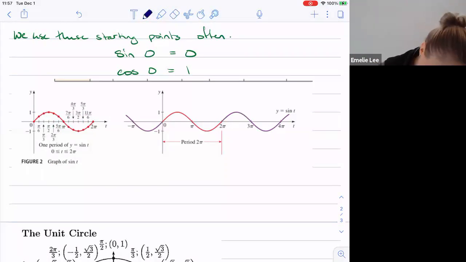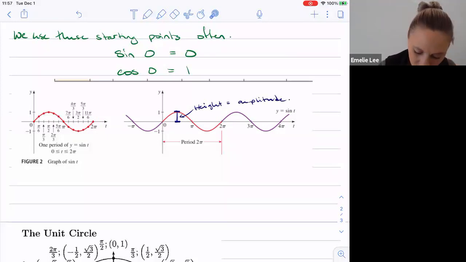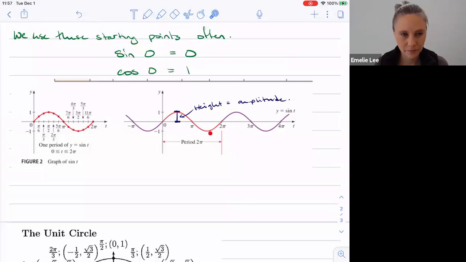Some terminology here. The height between the x-axis and the tallest point is called the amplitude. And it's going to be replicated on the bottom half as well, right? So that's what we call the amplitude. And then we're also going to talk about a horizontal shift.